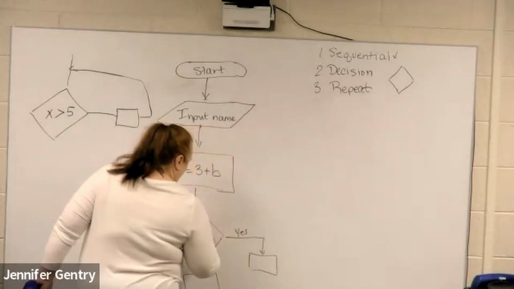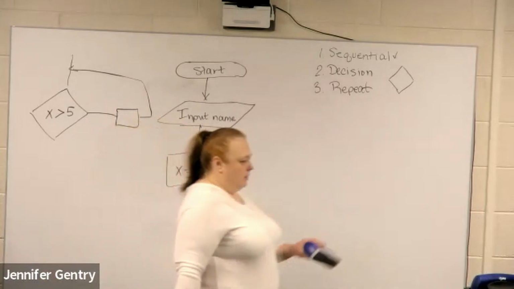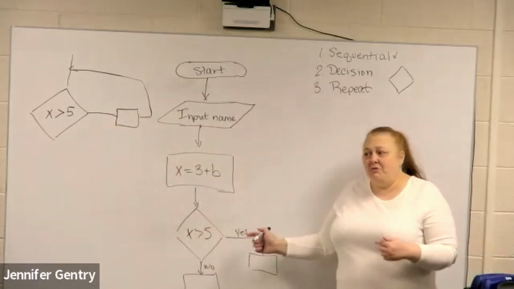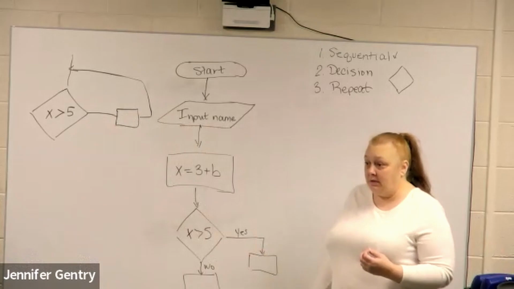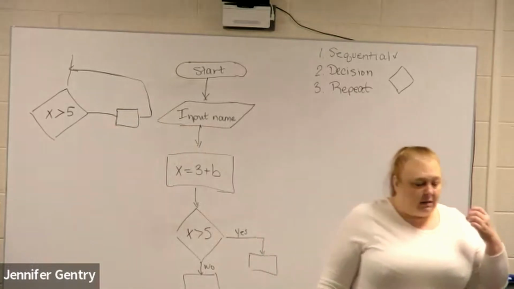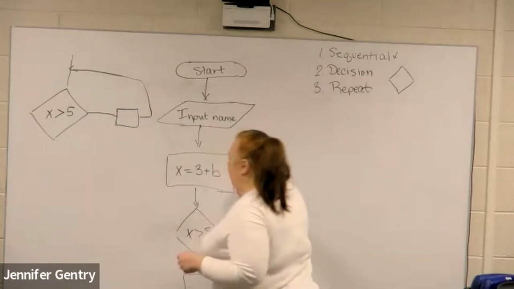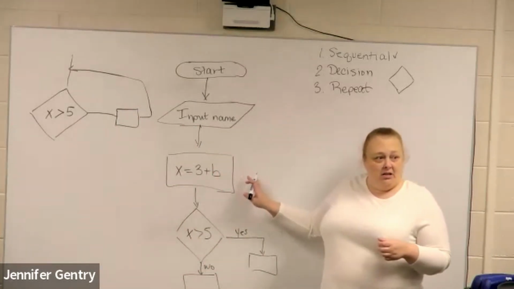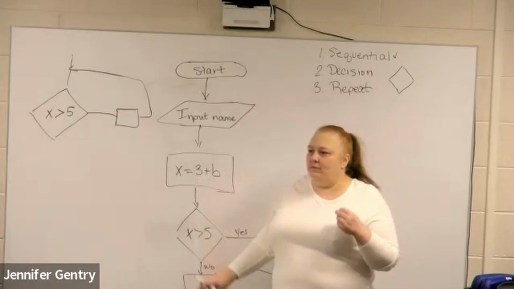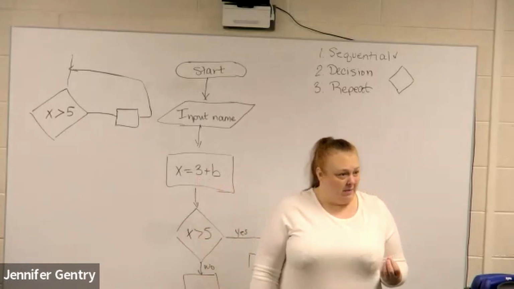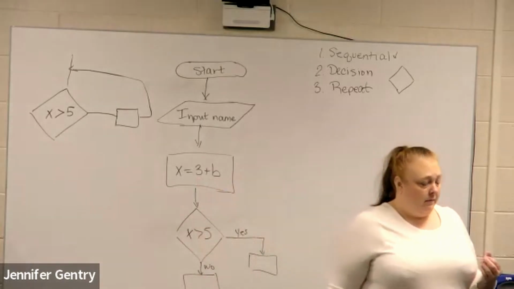Is X greater than 5? Okay. So you can see how I'm putting notation in those shapes to expand on what I already know, right? The shape is going to give me the action. What's in it is going to give me the info. Does that make sense?